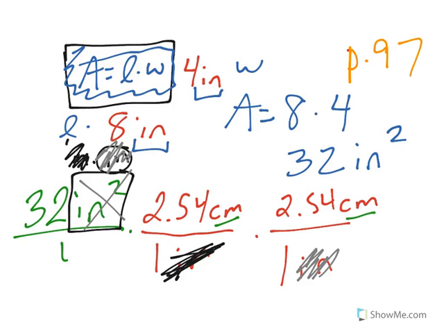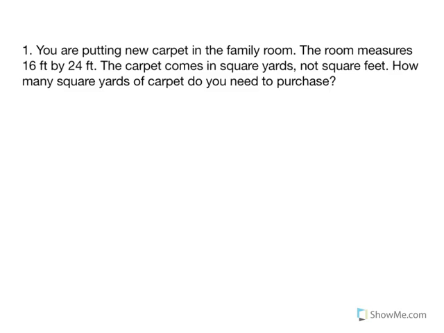I multiply across on the top, and that is how I do my conversions. So you have to make sure you're paying attention to whether you have square inches, square yards, square feet, or cubic feet, because that'll tell you how many times you need to put your identity ratios in there.